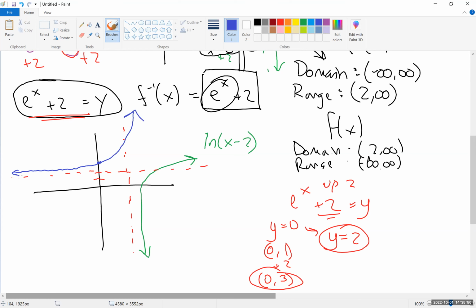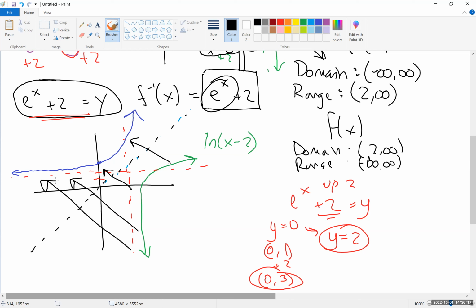Now, if you are an absolutely amazing artist, you can fold, and I'm not a great artist, as you probably already knew. What happens is if you fold the function over the line x equals y, you should get the inverse.